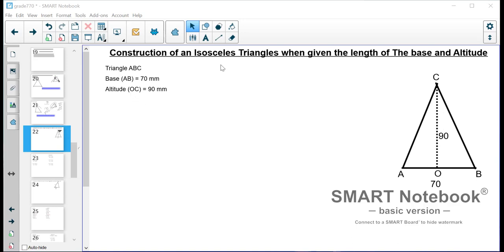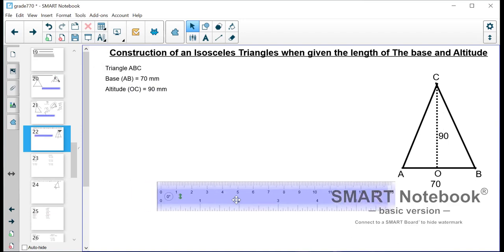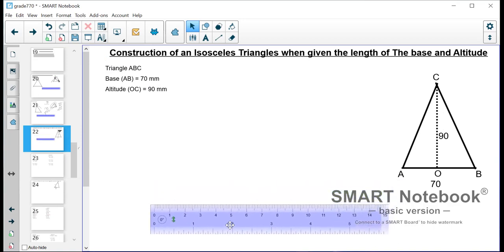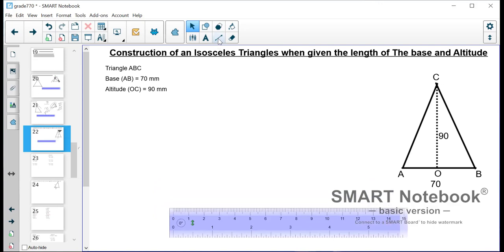Good. So step one, as we usually do, we draw the base first. And in this case, the base is given as 70 millimeters.